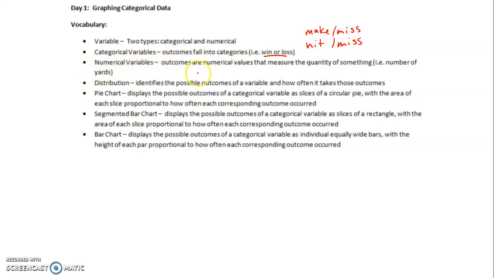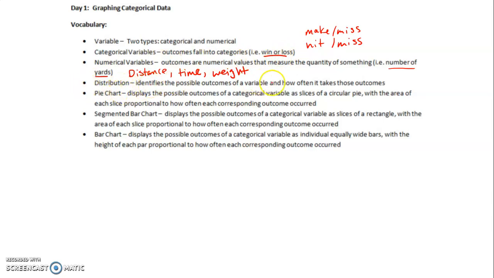Numerical variables are outcomes that are just numbers. An example of this is number of yards, or anything like distance, or time, or weight. These are all numerical variables. So if somebody asks, what is the speed of the pitch? 90 miles an hour. Okay, that is a number, so it's a numerical variable.